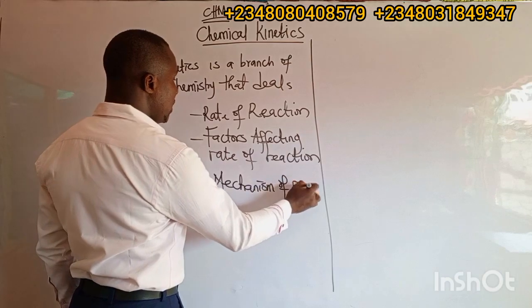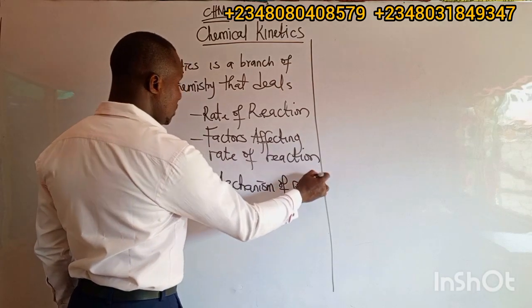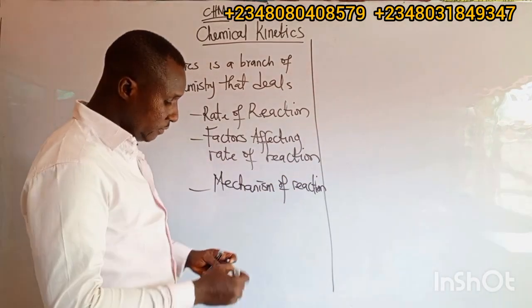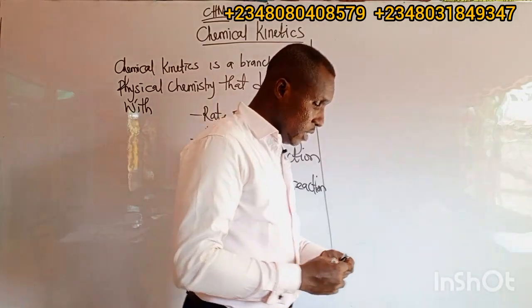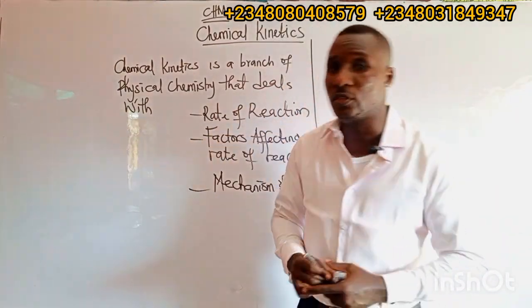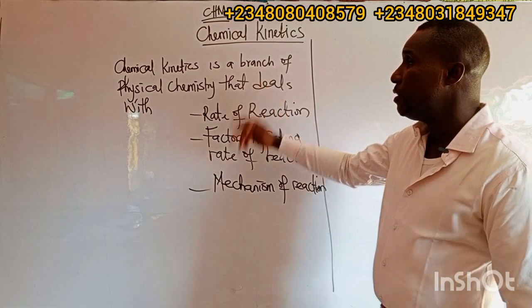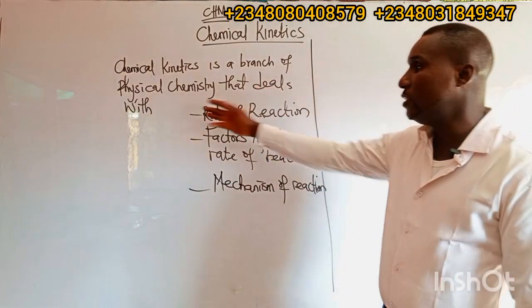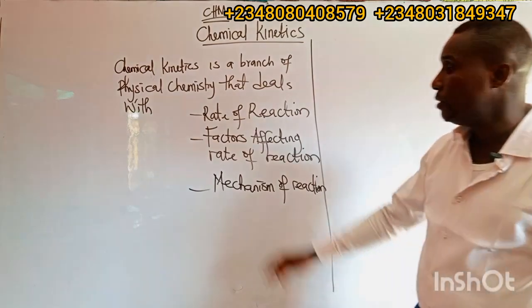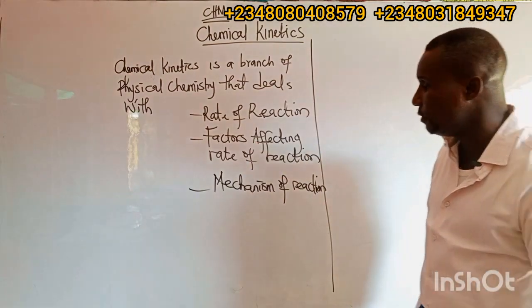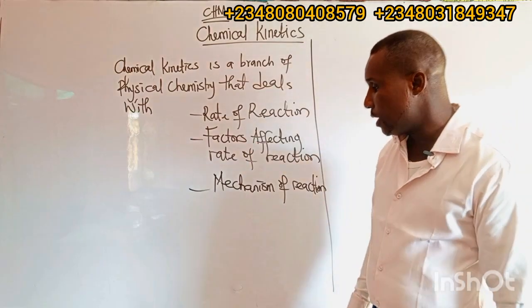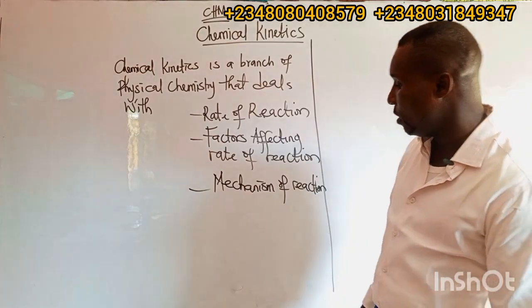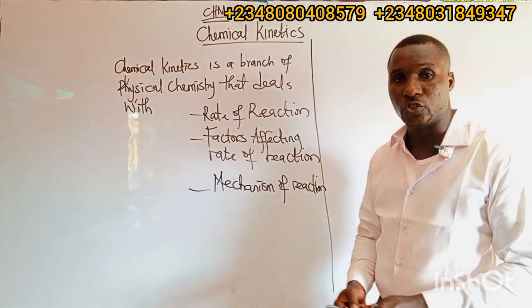Mechanism of reaction. These are what we are going to discuss under chemical kinetics. It's a branch of physical chemistry that deals with rate of reaction, factors affecting rate of reaction, and mechanism of reaction.